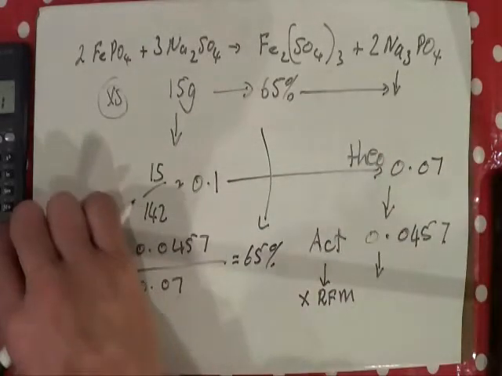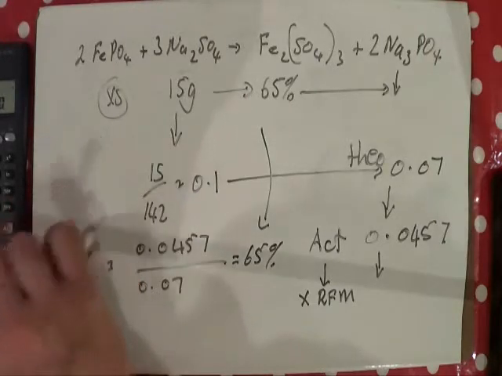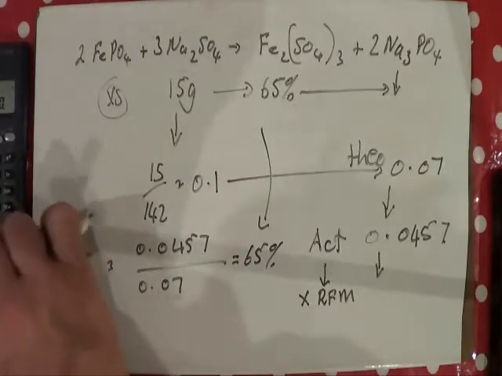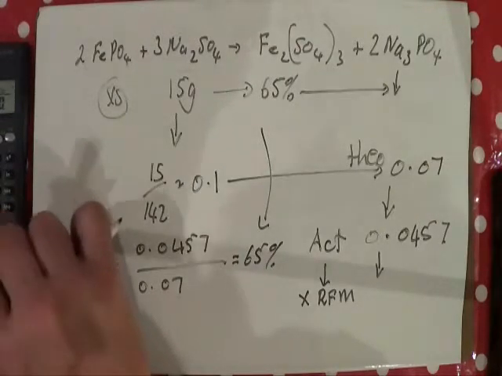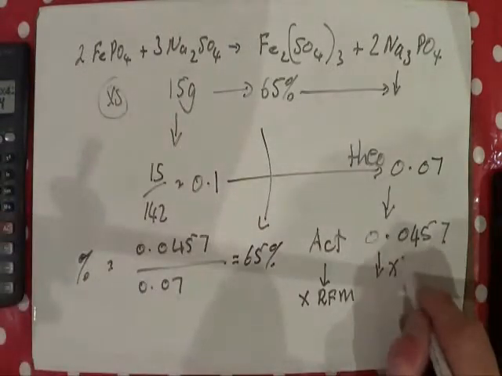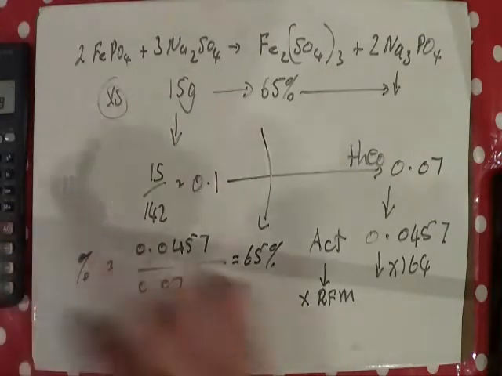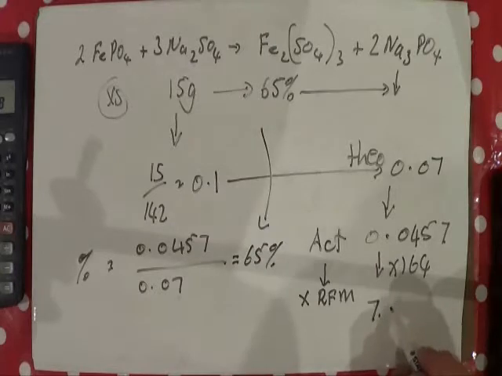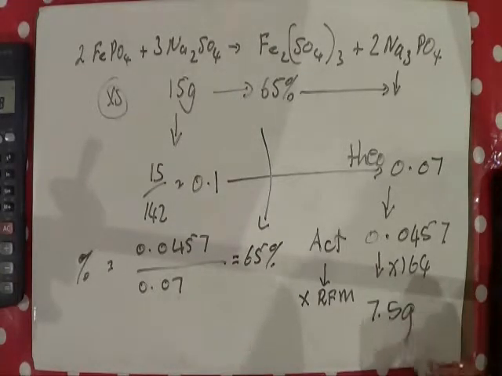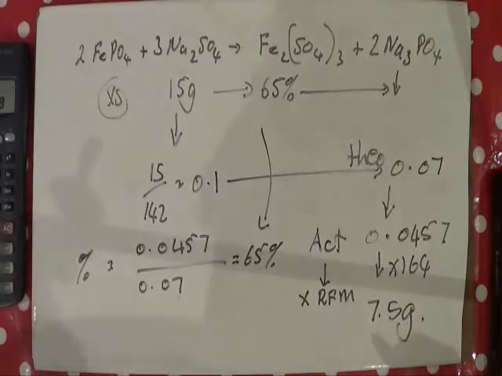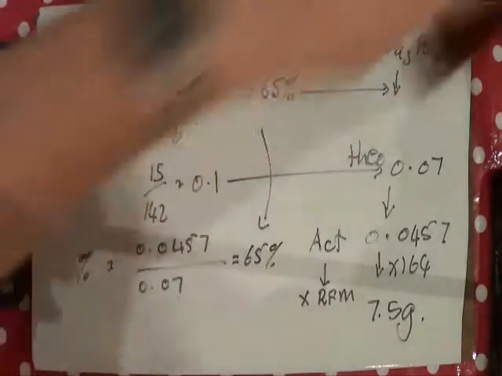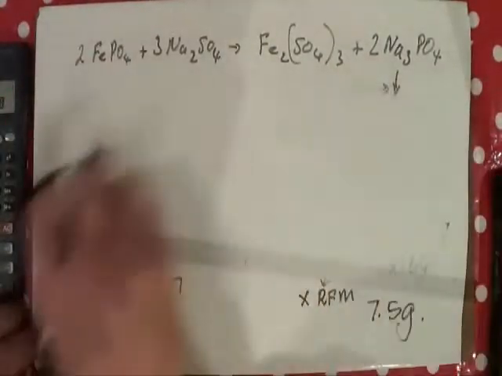The RFM of that is 164, and multiplying by 0.07 gives me an answer of 7.5 grams, 7.48 grams. So there's a different twist on that question, guys, than there was on the previous percentage yield calculations.